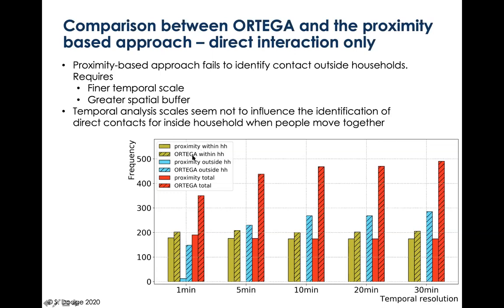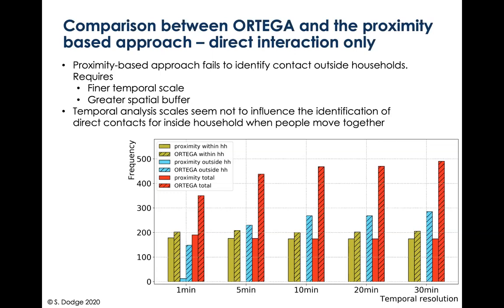And then within household, though, we see a stable result over time, different time delays between the proximity-based and Ortega. And the reason we think it's because we have simultaneous fixes for individuals within the same household.